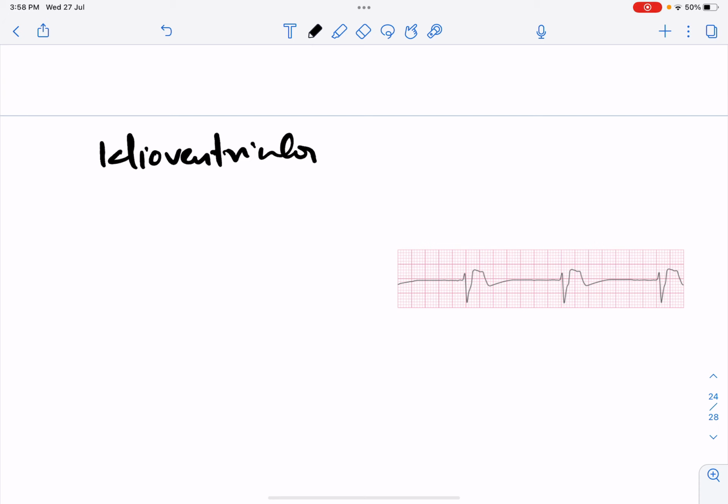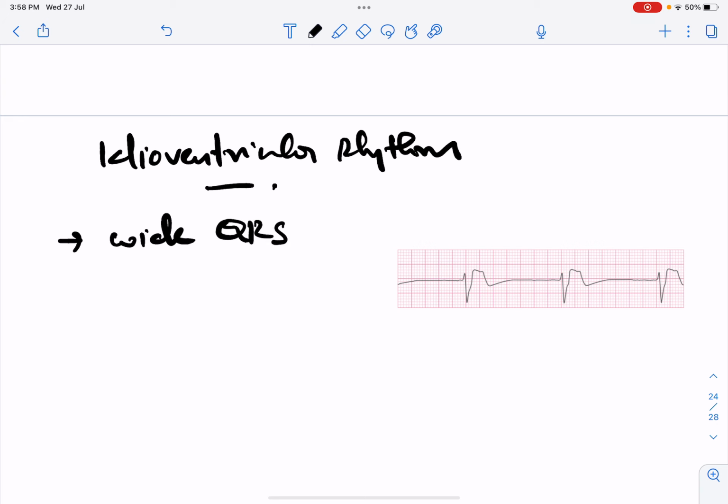idioventricular rhythm, that is, a beat originating from the ventricle. So as it's a ventricular rhythm, the QRS will be wide and there is no P wave.